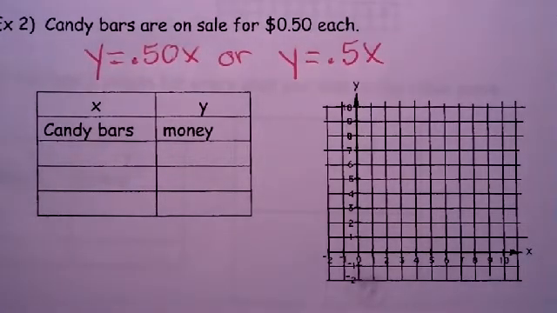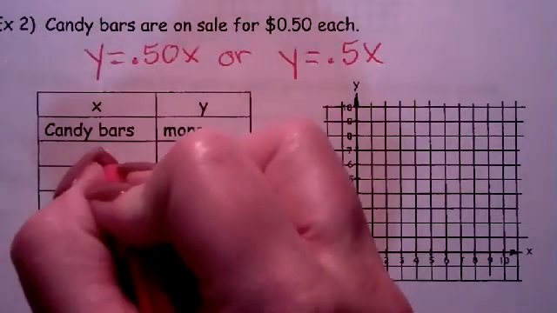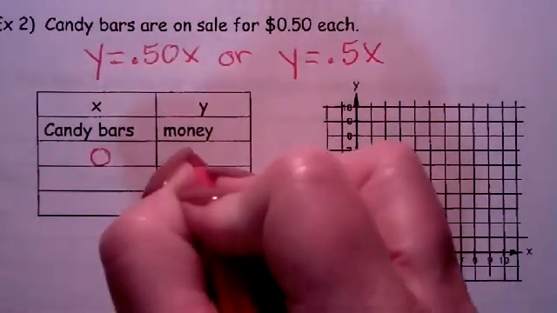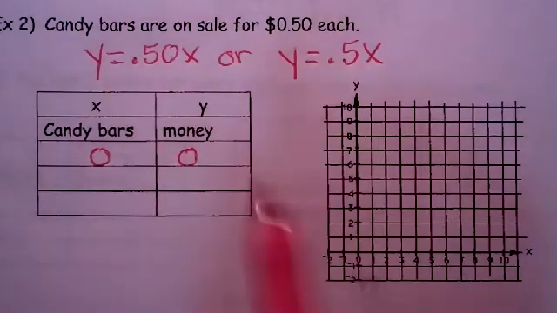Now, I'm going to be careful though when I pick the values in my table because I don't really want to deal with decimals. Well, we know the first thing is if I don't buy any candy bars, I'm not spending any money. Now, I'm not going to think about one candy bar because one candy bar is going to be 50 cents, and that means I'm going to be graphing in between the lines down here in the decimals.